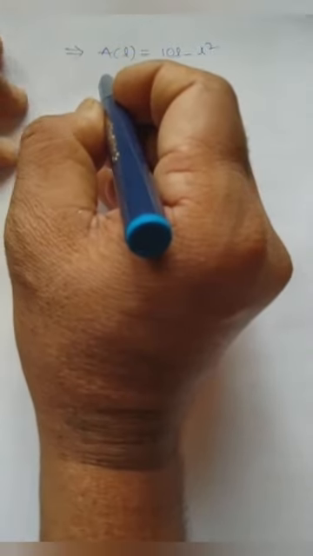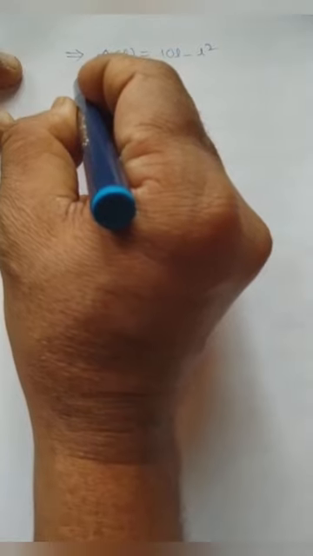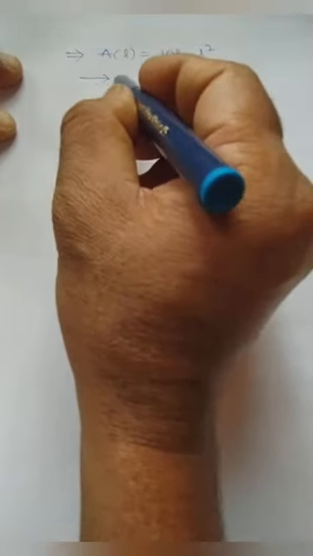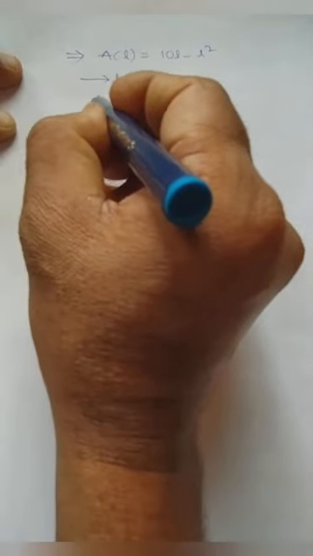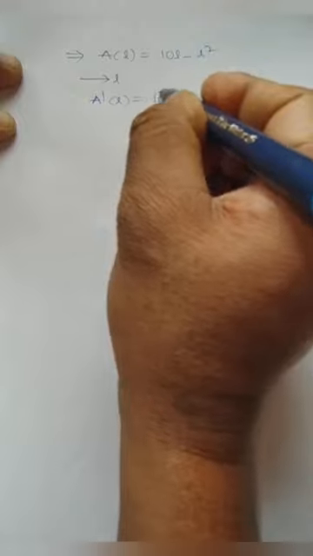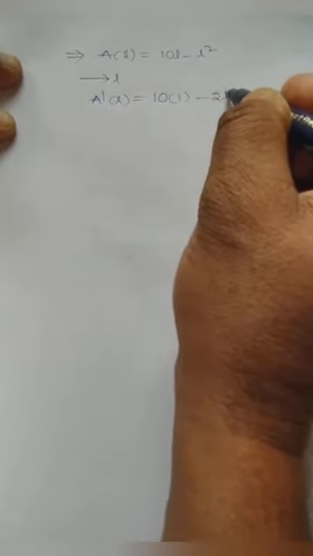So we have to find its stationary points. For that we have to get its A dash of L. I am differentiating this function with respect to L on both sides. So I would get A dash of L is equal to 10, L derivative is 1, minus, L square derivative is 2L.